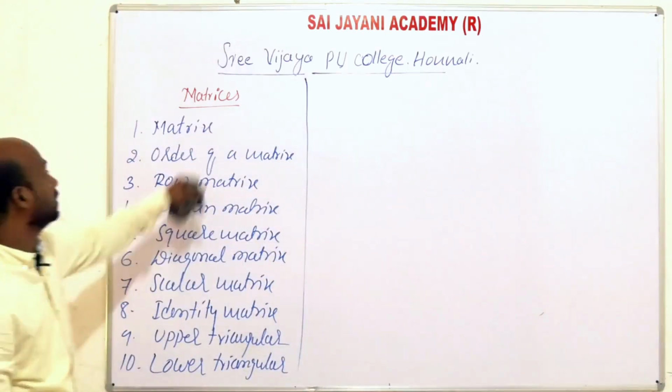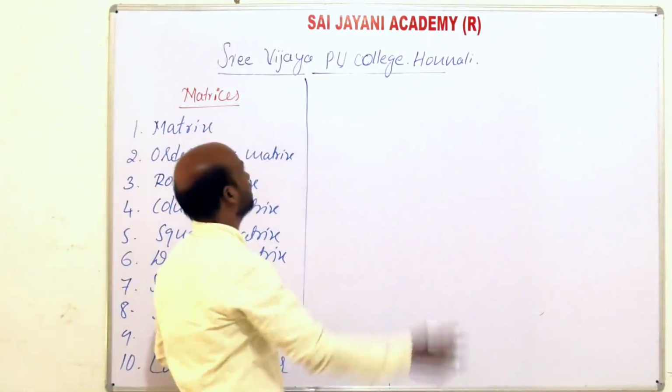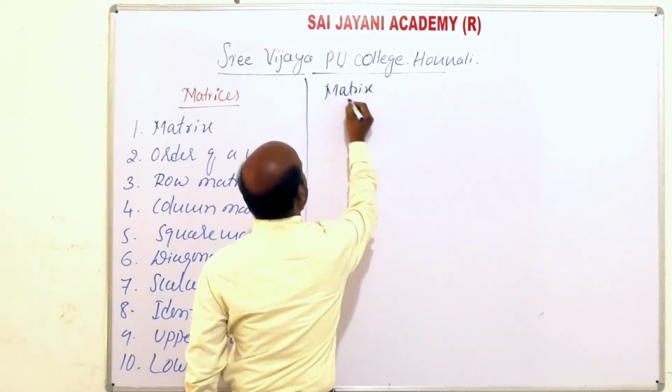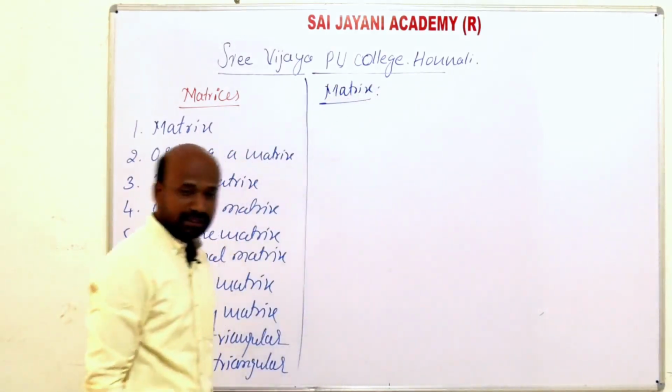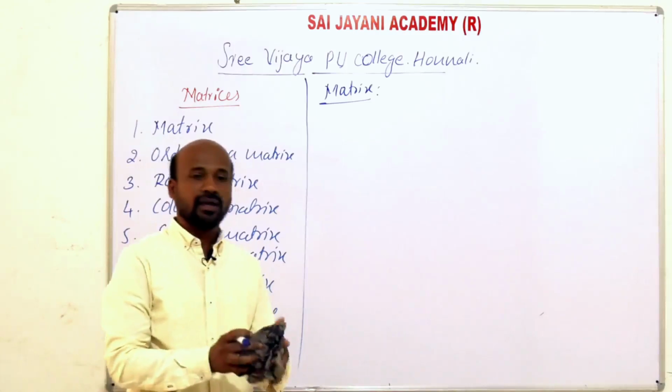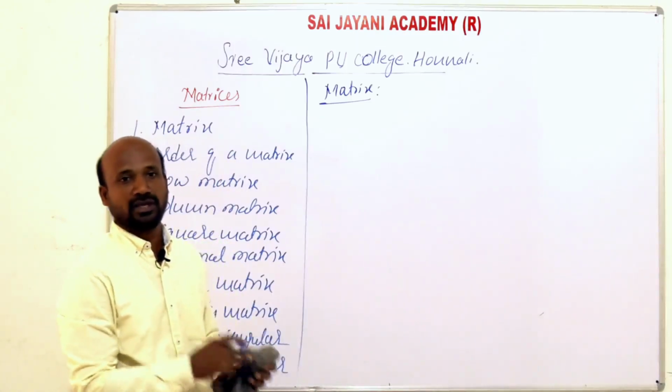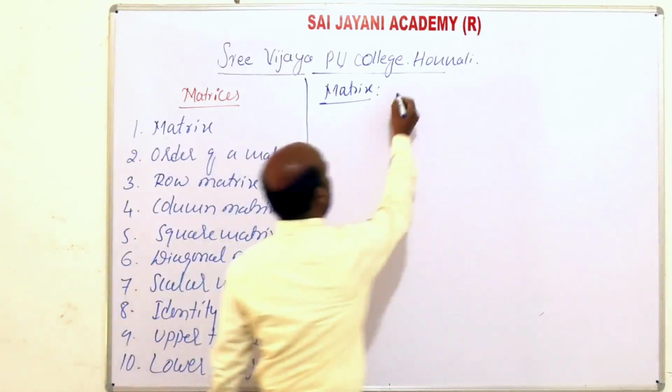So first we shall define what is a matrix. A matrix is a rectangular arrangement of numbers, nothing but an arrangement of numbers in rows and columns.